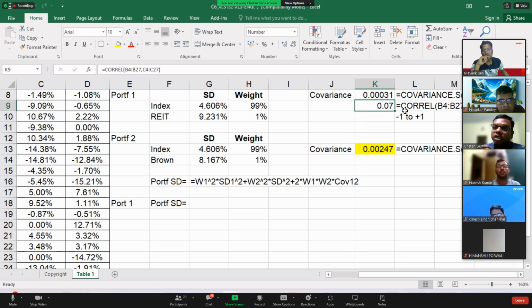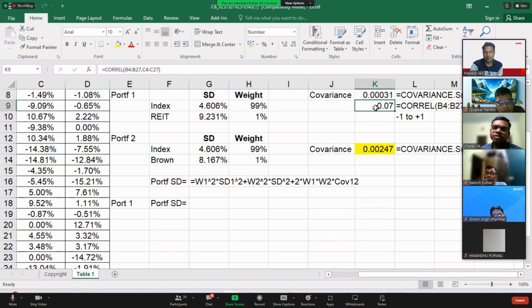0.007 is almost equal to 0, which means there is no correlation, which we failed to say with respect to covariance, because we were only saying that there's a positive sort of relationship, but we did not know how much positive it is. Now after computing the correlation, we can say the strength of that positivity.